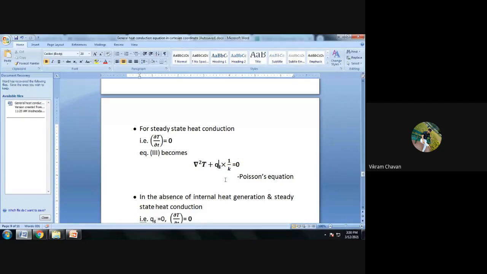You can directly write it as Qg divided by K, no issue. So del square T plus Qg divided by K is equal to 0, which is called Poisson's equation. Remember the condition and also the equation, both are important. After applying the steady state condition to the general heat conduction equation, we get this equation.